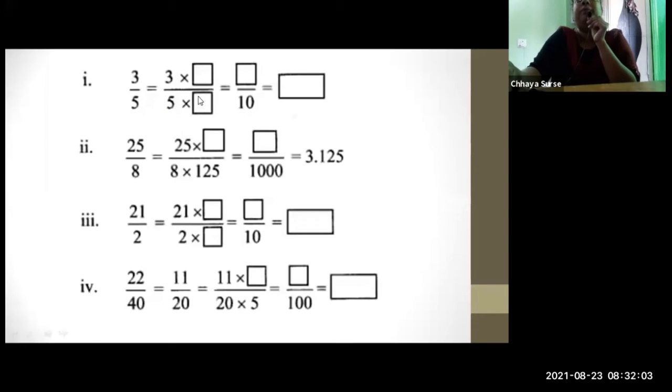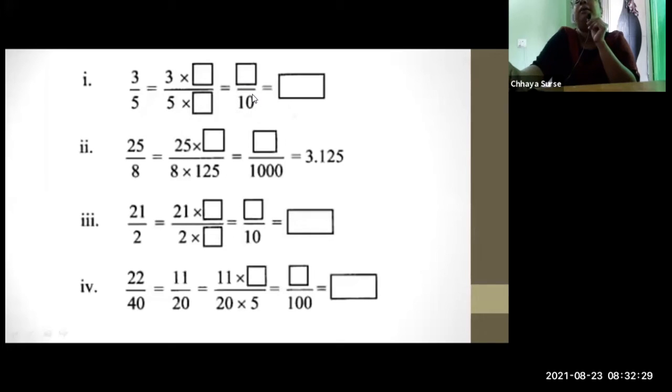If you multiply the denominator by 2, you have to multiply the numerator also by 2. So 3 multiplied by 2, the answer is 3 twos are 6, and 5 twos are 10.